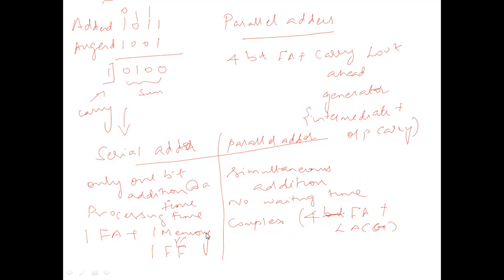In serial addition you need to wait for a long time, and for a very long number of bits, the waiting time is directly proportional to the number of bits of addition. But the circuit is very, very simple. Okay, so this is the difference between serial adder and parallel adder.